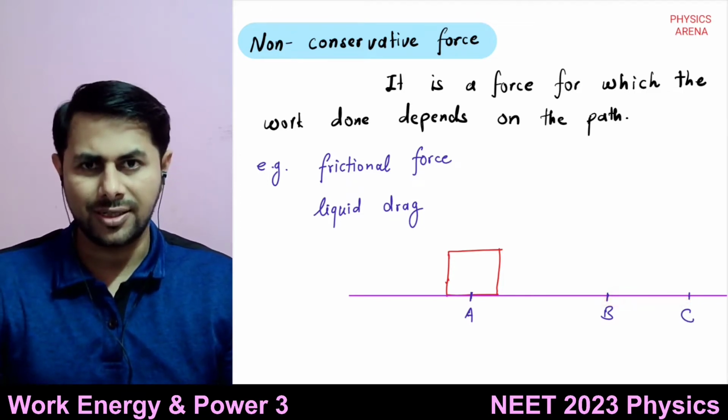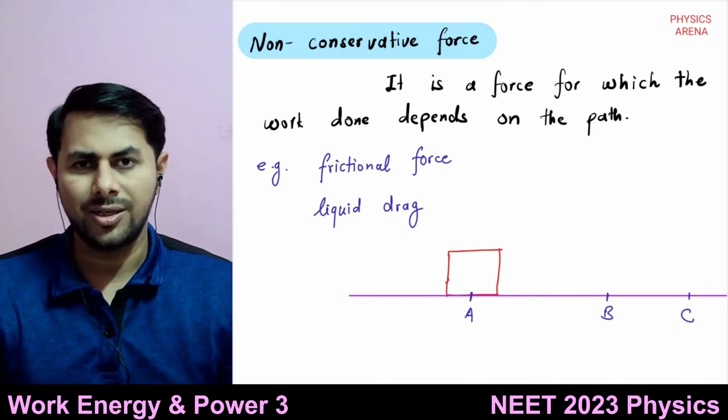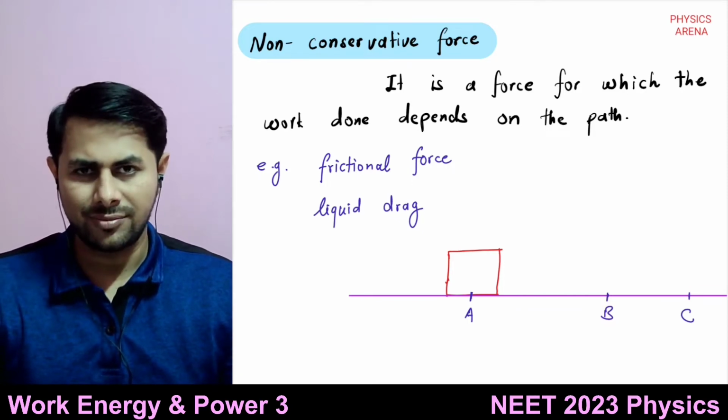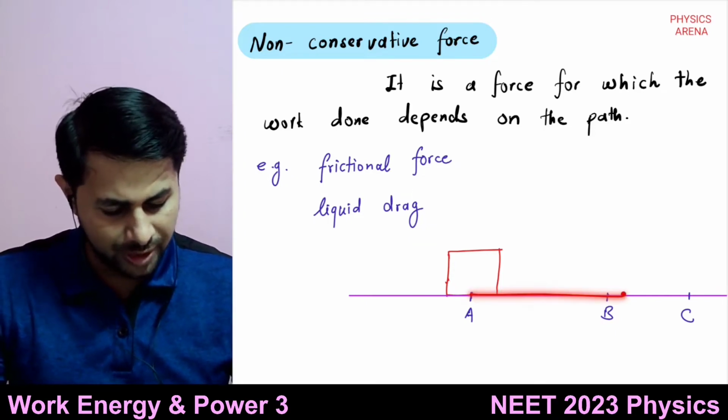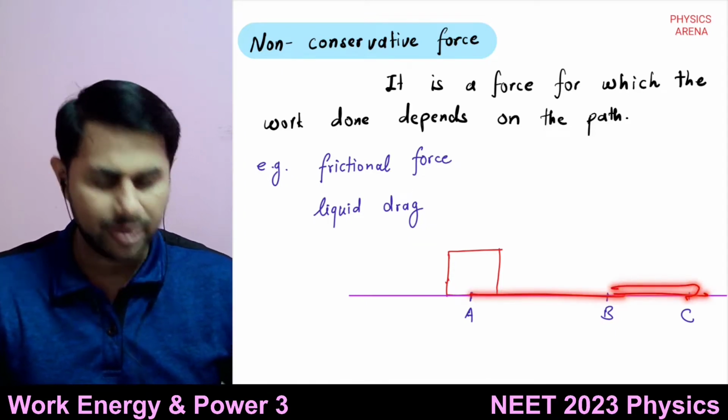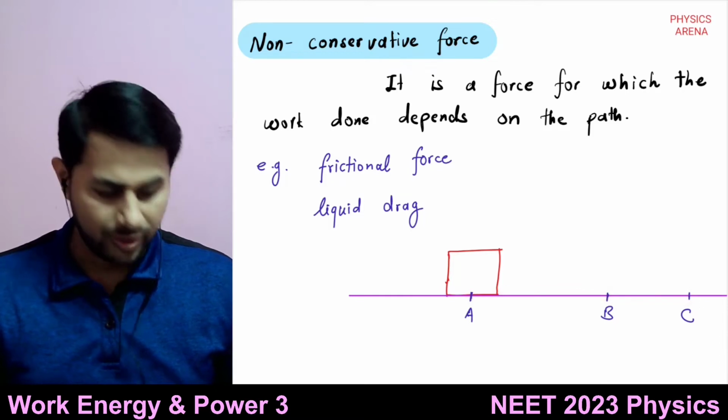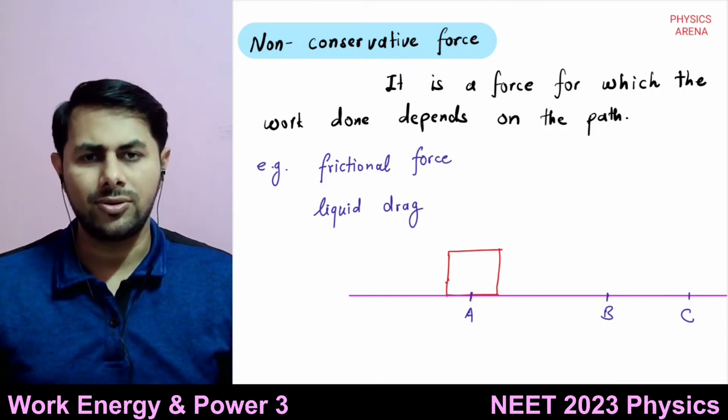So in the second case, I will have to do more work against the friction, right? When I move it from A to B to C and from C back to the point B, I will have to do more work.